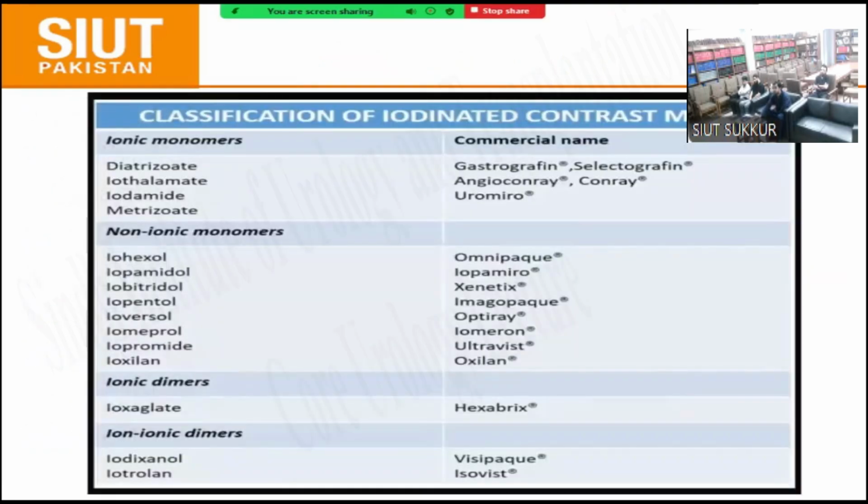So in this slide, we can see the iodinated contrast media, which includes ionic monomers, non-ionic monomers, ionic dimers, and non-ionic dimers. Different contrasts are given as gastrografin and used most commonly in GI.